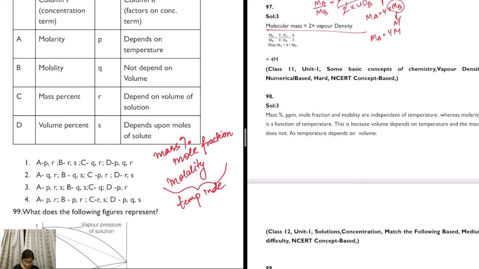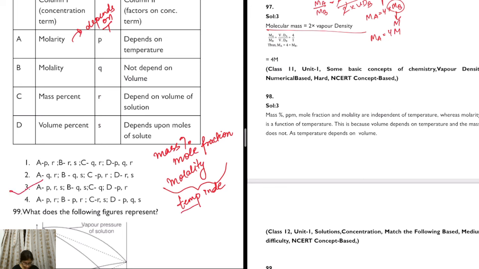And molarity depends on temperature, because molarity depends on the volume and volume depends on temperature, whereas mass will not depend on the temperature. So according to that, we will be matching the options.